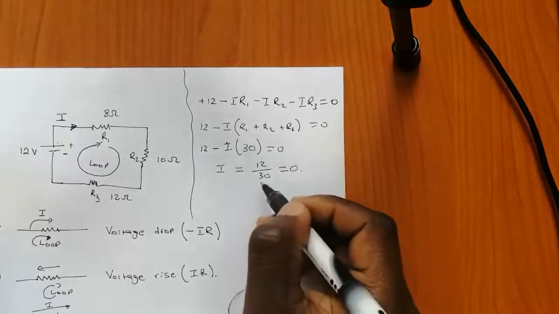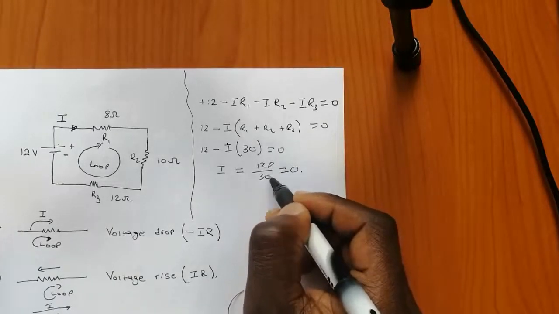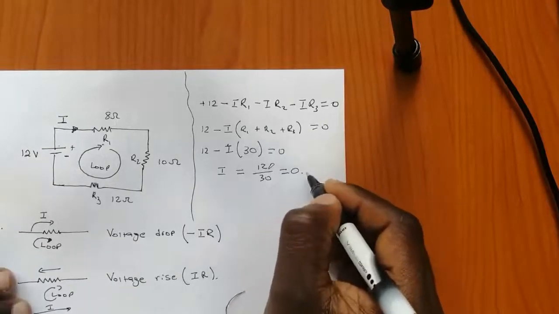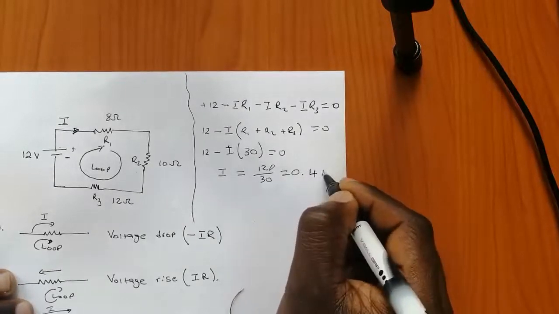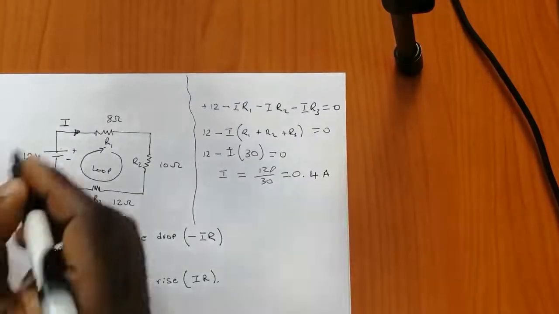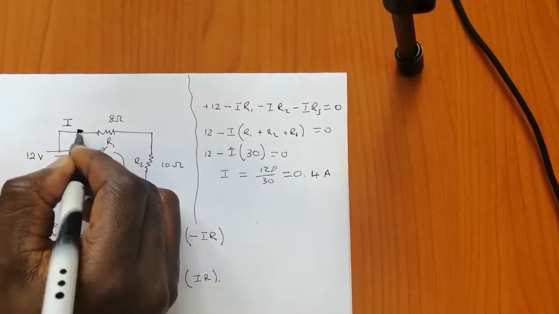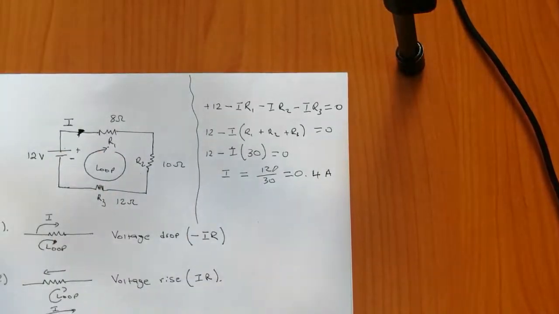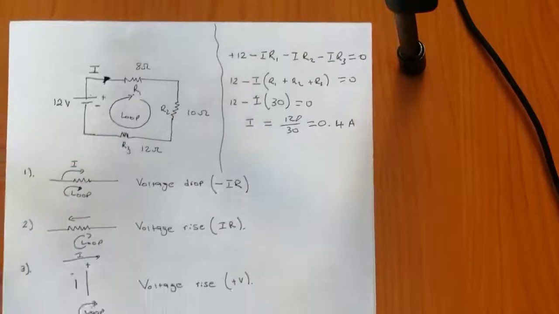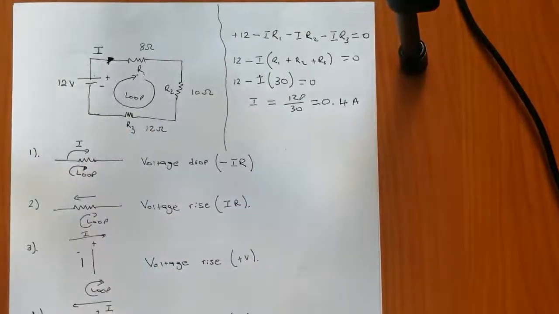Therefore, it's going to be 0.4 amperes. So that is the total current that is flowing into the system. That's how you find out the current if you have a network system like this.